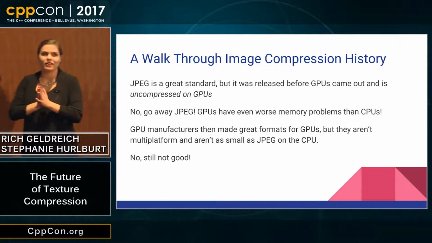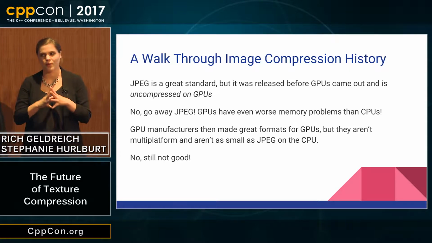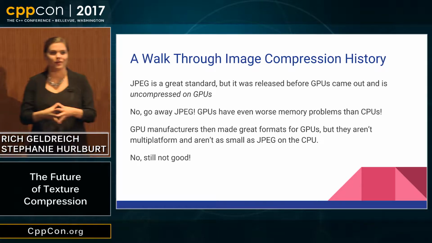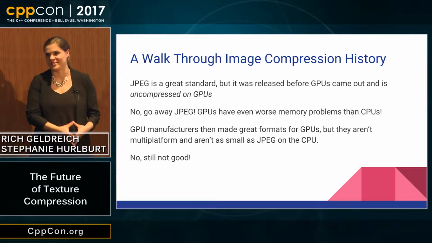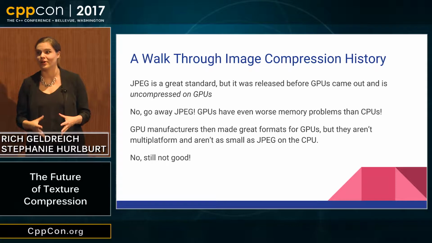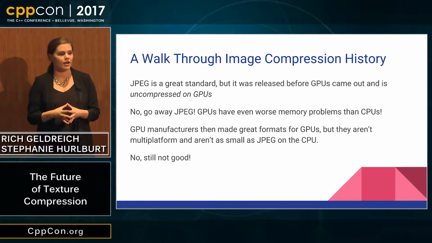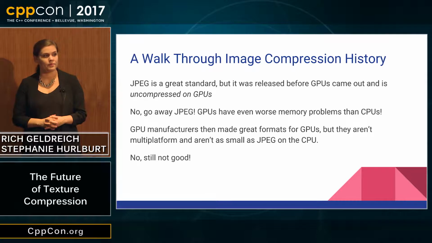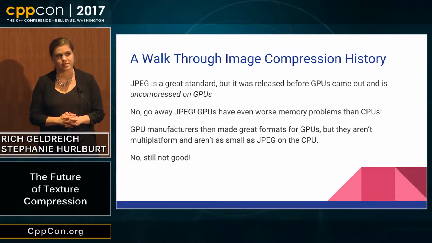So I figured I'd talk a little bit about how we came to this point. Why is this only being solved now? GPUs have been out a very long time. Why didn't they fix this a long time ago? So JPEG is actually really good for compression. JPEG is great in terms of CPU side storage. It does a good job, but it's uncompressed on GPUs. It was invented before GPUs came out, and it didn't consider a lot of those concerns.